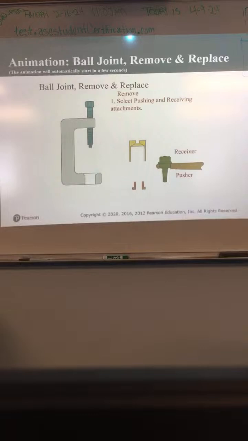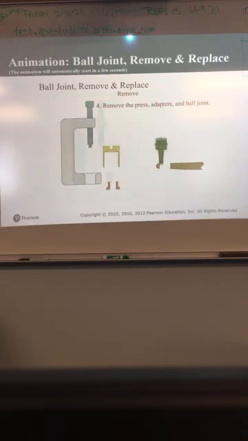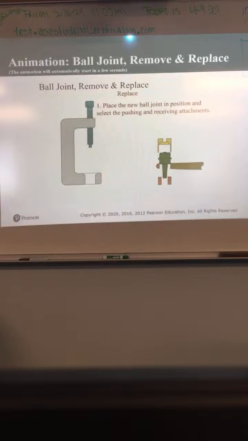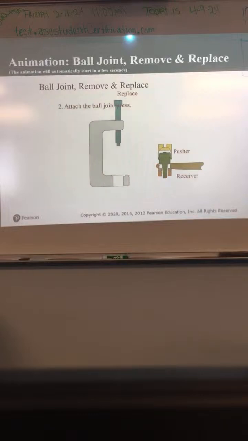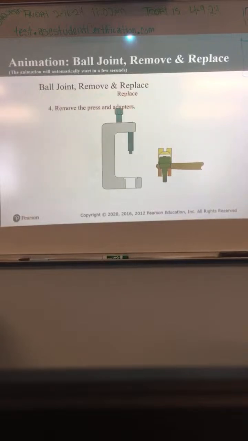This is how it would work. New one in, put the tool back on there, and then just squeeze it back into there, press fit.